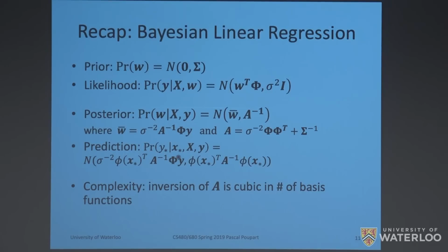Given a new point x star, if I want to compute a prediction for the output y star, then it will have a Gaussian distribution that has this form. The complexity of the computation had to do with computing the inverse of A, and that is cubic in the number of basis functions.